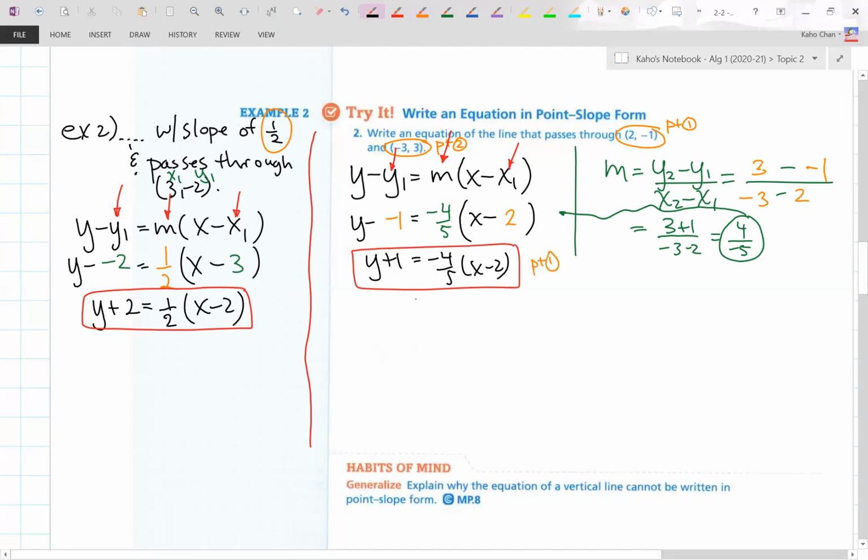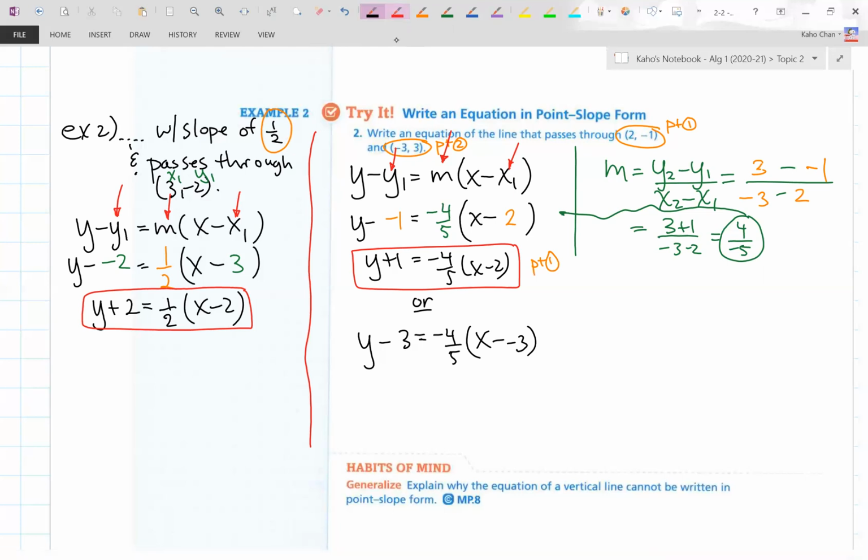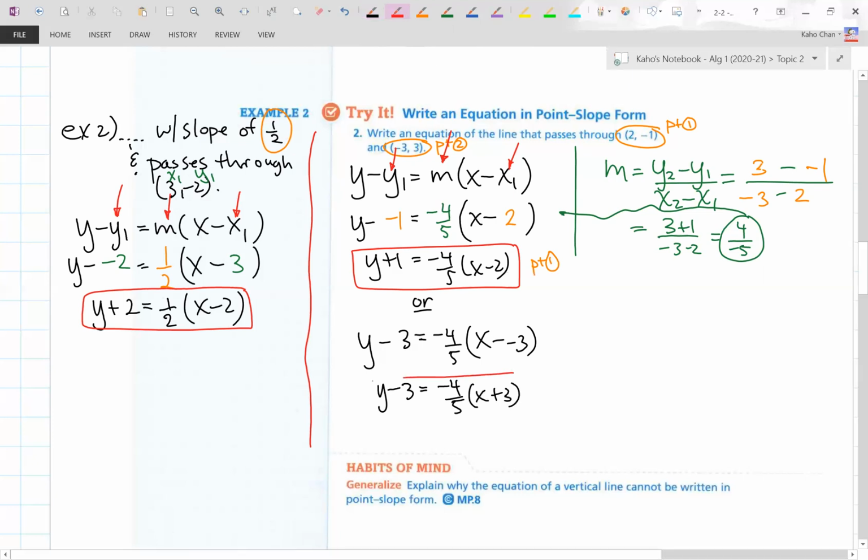Or I will take the other answer. y minus 3 equals -4/5 times x minus minus 3, which is a double negative, and those are two answers.